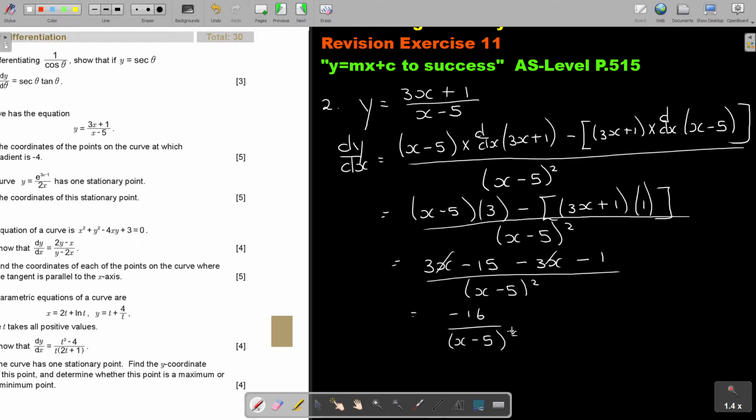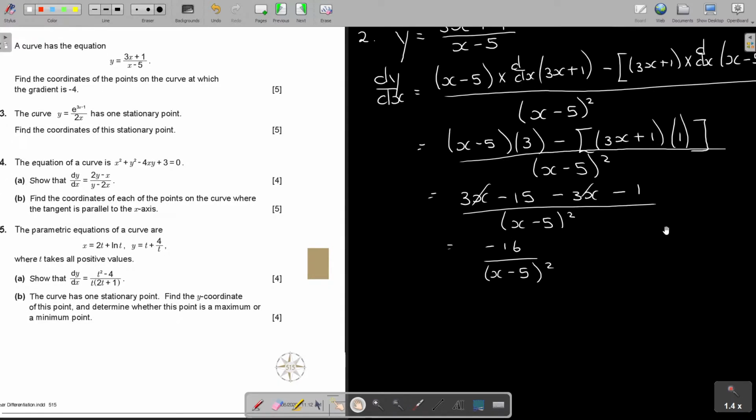Okay, so now I go on. I say when the gradient is -4, then dy over dx is -4.